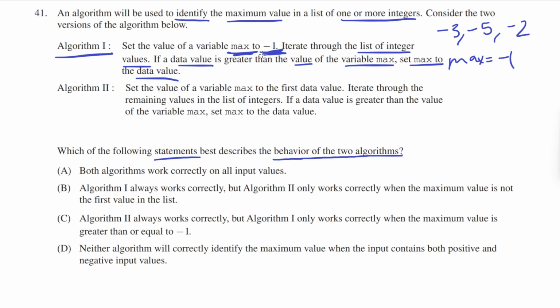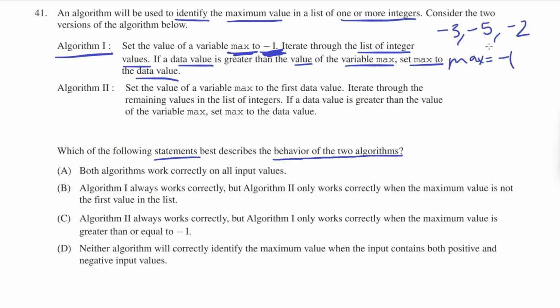So that means algorithm 1 would return -1 as the maximum. But the problem is -1 is not in this list. So setting max equal to -1 is going to result in some bugs in our code when all the numbers in the list are smaller than -1. So in those cases, this algorithm won't work.